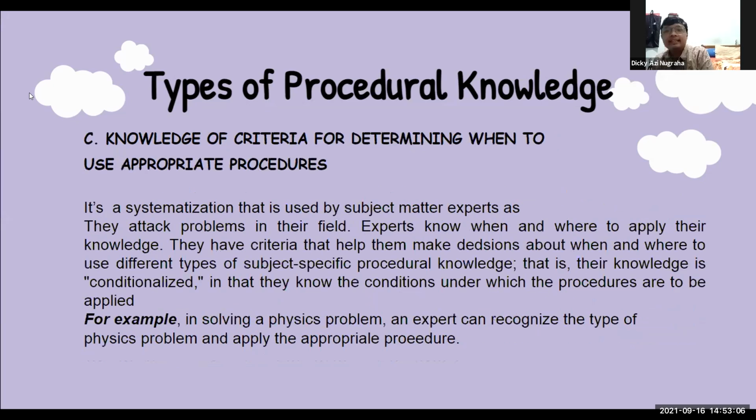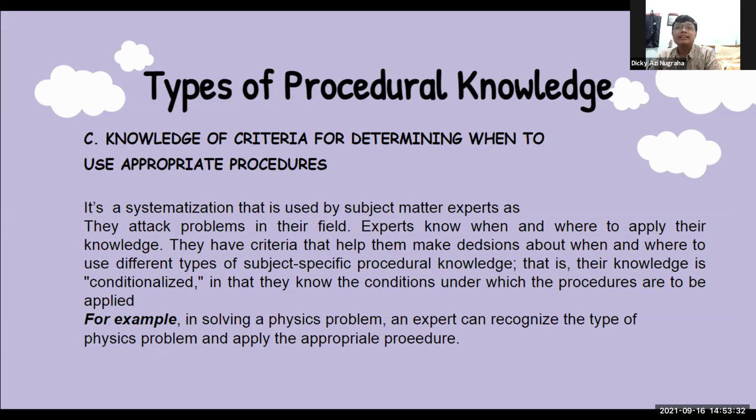Next, the last type of procedural knowledge is knowledge of criteria for determining when to use appropriate procedures. It is a systematization that is used by subject matter experts as they attack problems in their field.